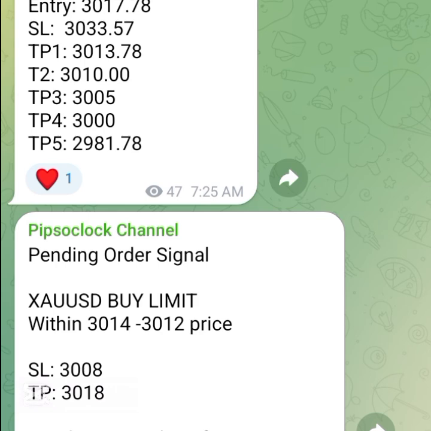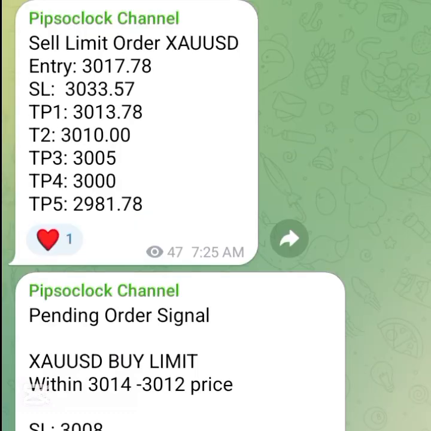Now you see under one, sell limit order, entry 3017.78, SL 3033.57, TP1, TP2, TP3, TP4, TP5. So I'll be explaining each of these to you right now.